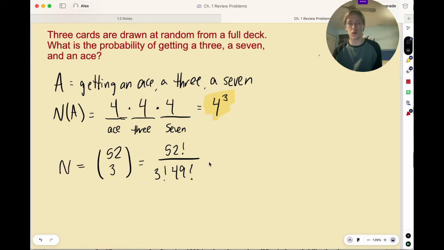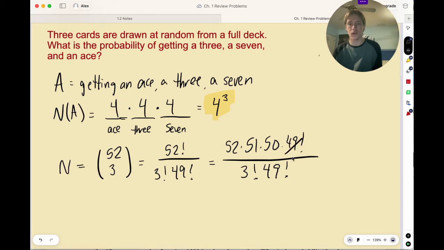Which if you work that out is going to be 52 times 51 times 50 times 49 factorial divided by 3 factorial times 49 factorial. The 49 factorials cancel. Now we have 52 times 51 times 50 all over 3 factorial.